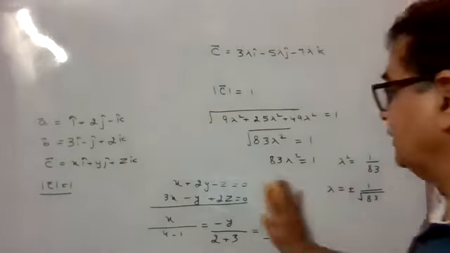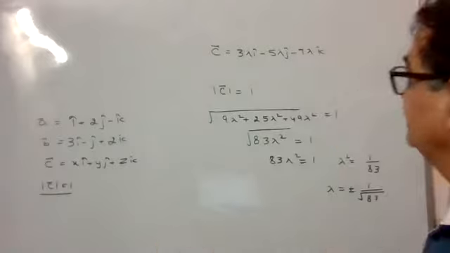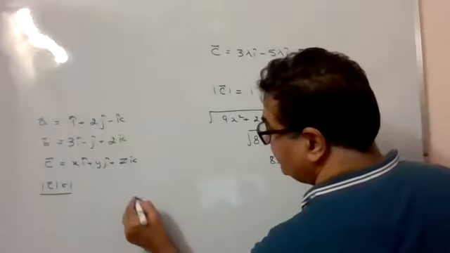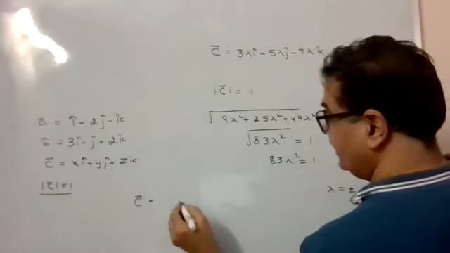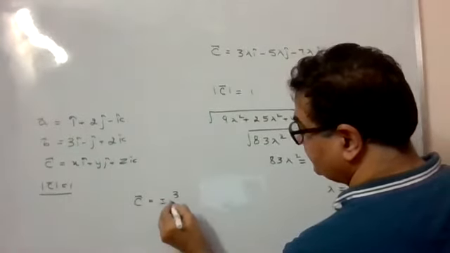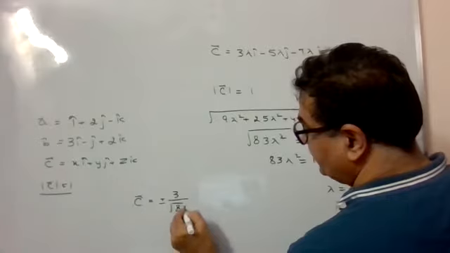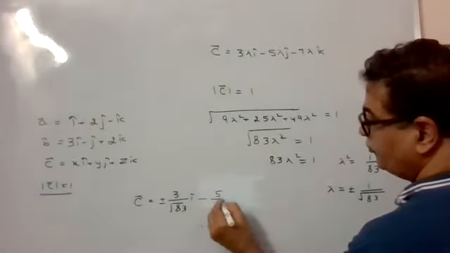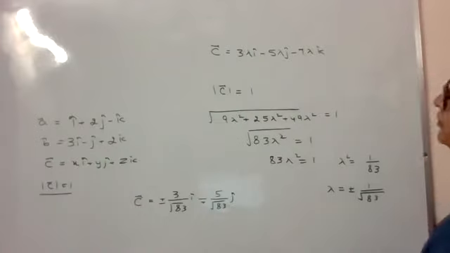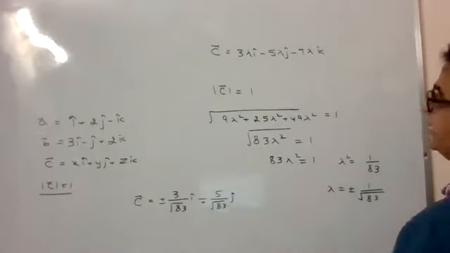So what is your C vector now? So directly now C vector equal to plus minus 3 by root 83 i cap minus 5 by root 83, minus plus will happen, that will be j cap, because here there is minus, so minus plus will be written.